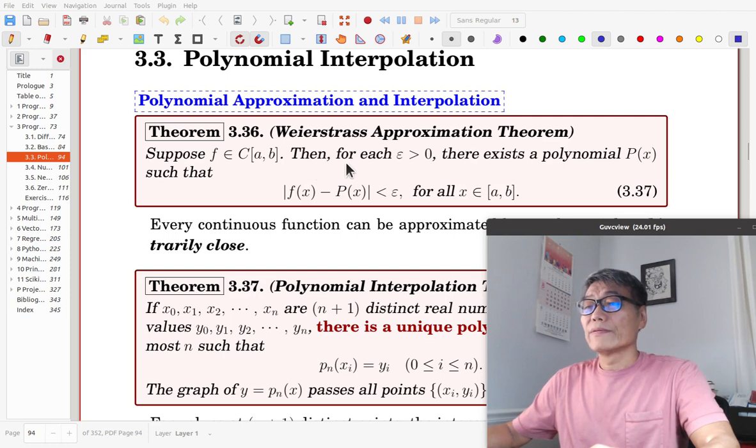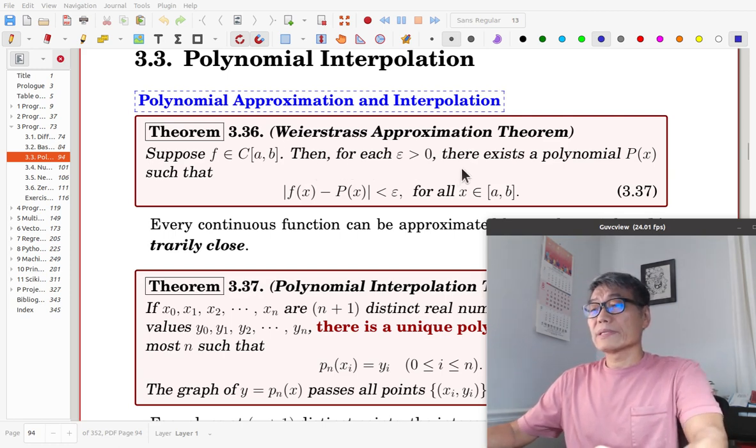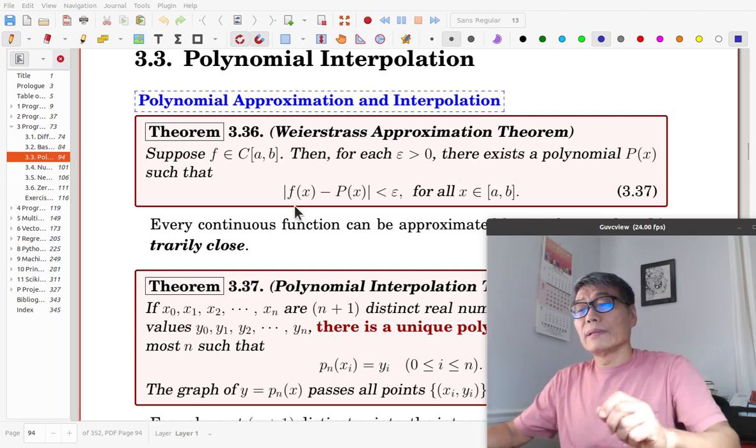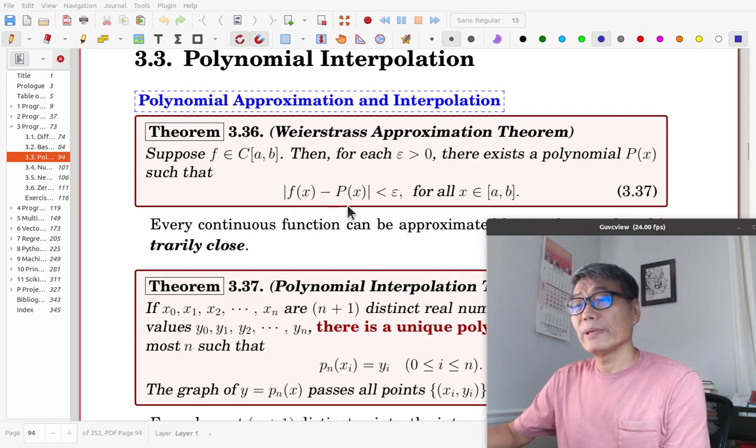Then, for each epsilon positive, there exists a polynomial P such that the difference between f and P is less than epsilon for all x in the interval.